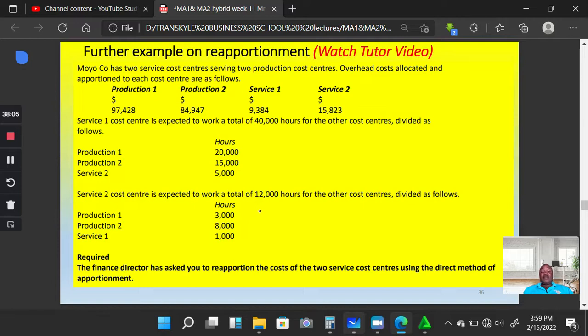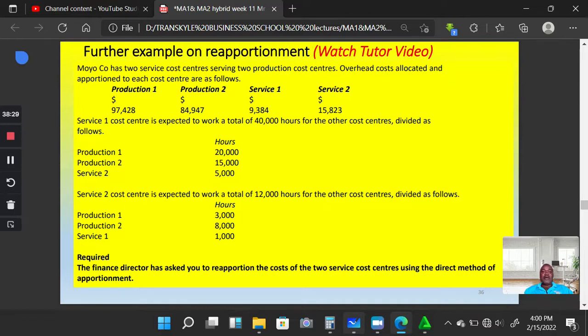Alright, we have Moyoko, which has two sales cost centers servicing two production cost centers. So these sales cost centers are servicing the production cost centers. The overhead costs allocated and apportioned to each cost center are as follows.